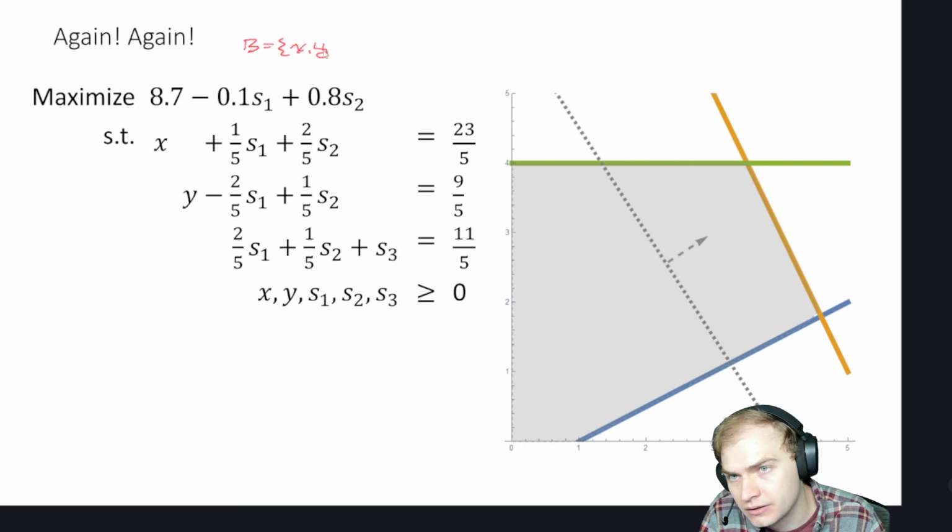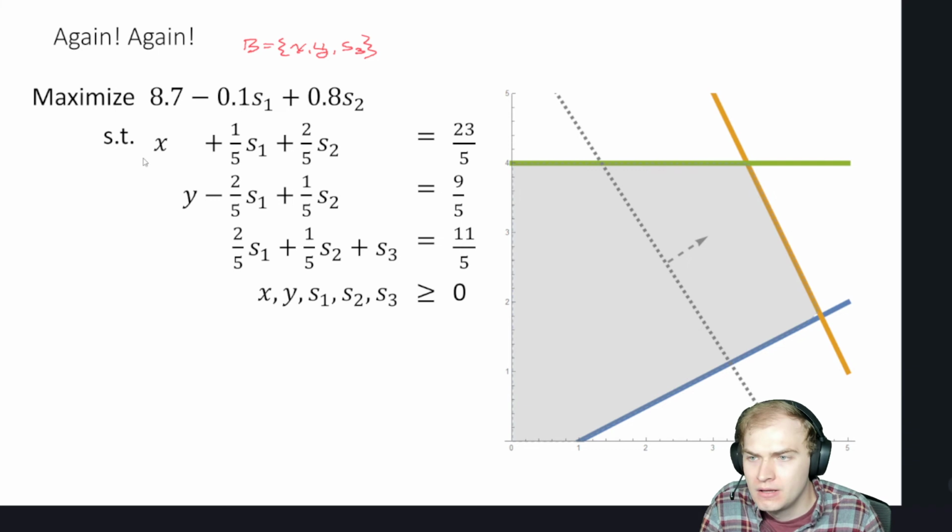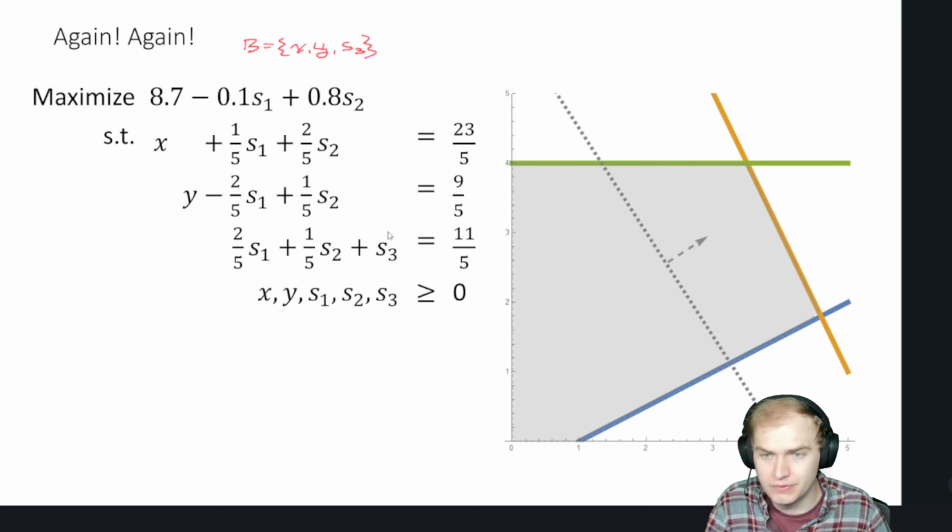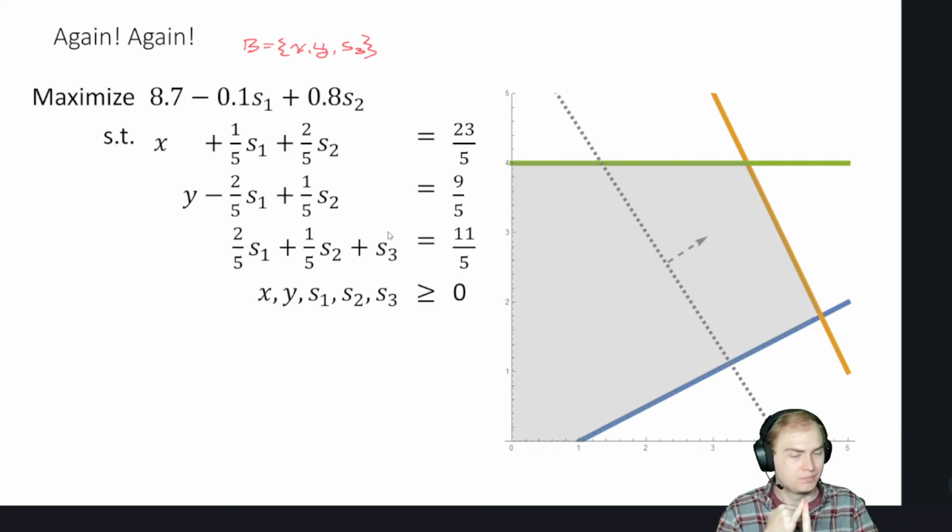X, Y, S3. You'll see that we have sort of an identity matrix for our basic variables. They're only in one constraint each, and they only have a coefficient of 1.